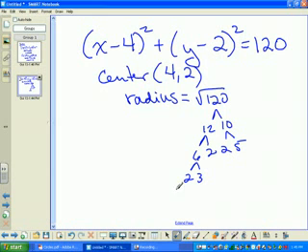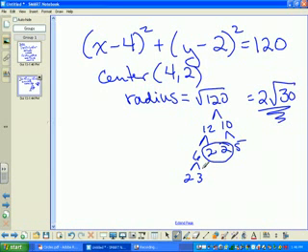And 6 is going to break to a 2 and a 3. I have a pair of what? So that means the 2 is going to go out. And I'm going to be left with the square root of 2 times 3 times 5, 30. So my radius is 2 square root of 30. Yes? Okay.